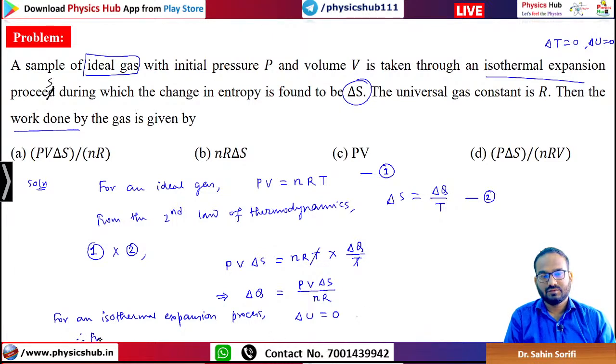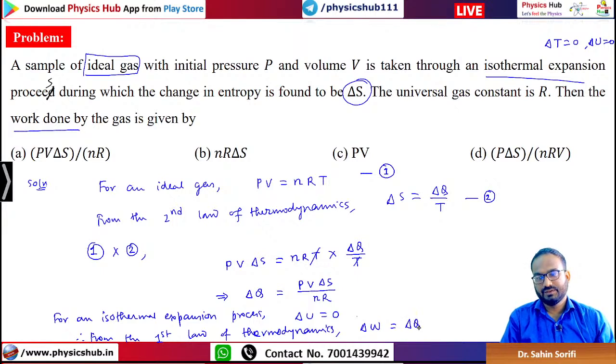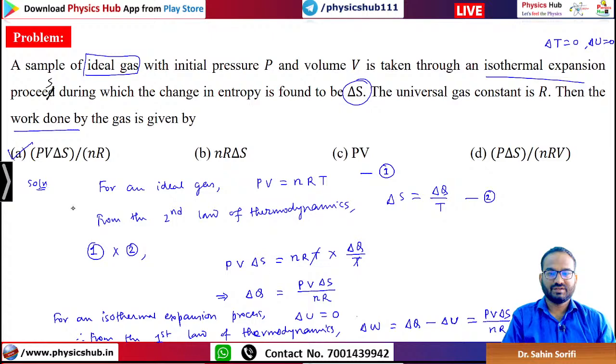Therefore, from the first law of thermodynamics, delta W = delta Q minus delta U. So this equals PV delta S by nR, since delta U is 0. So option A is matching.